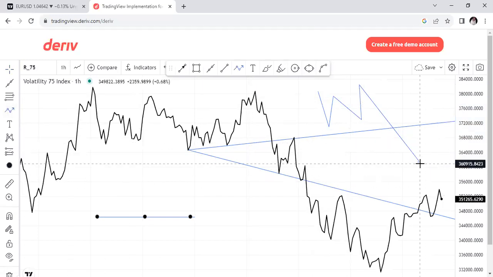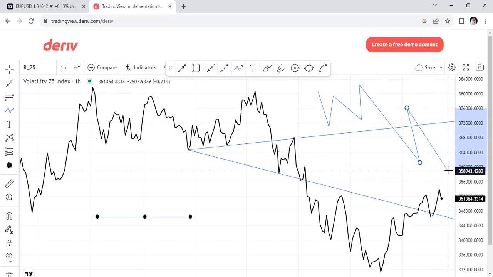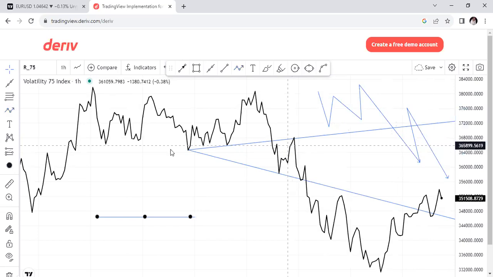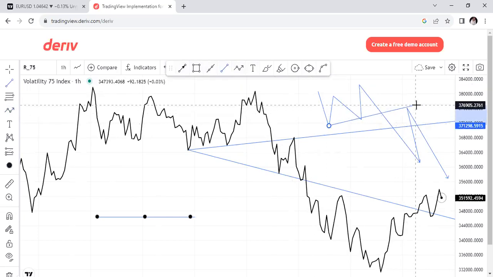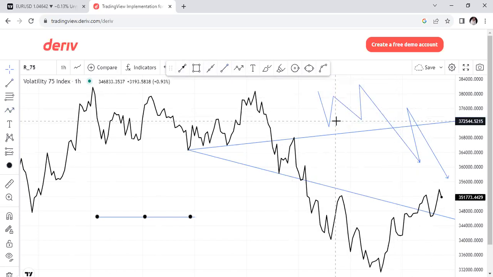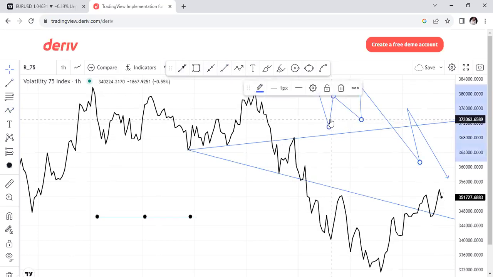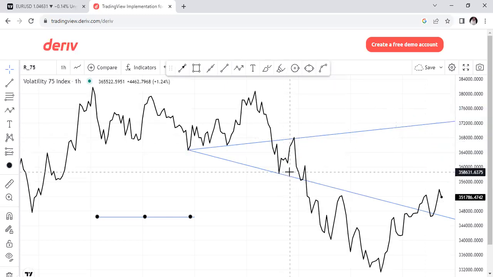For price to test this breakout, to retest this breakout and come down. Look for price to retest. That's a breakout trend line. So the breakouts got that place.